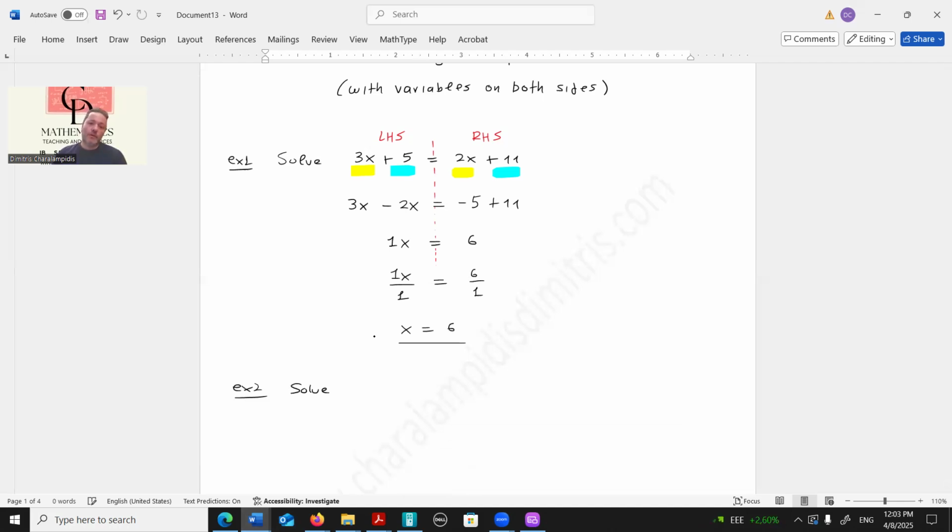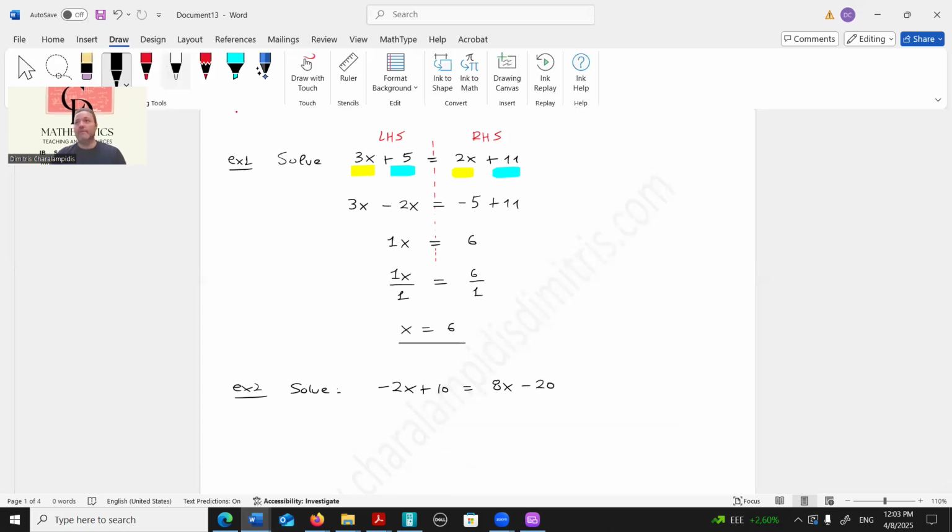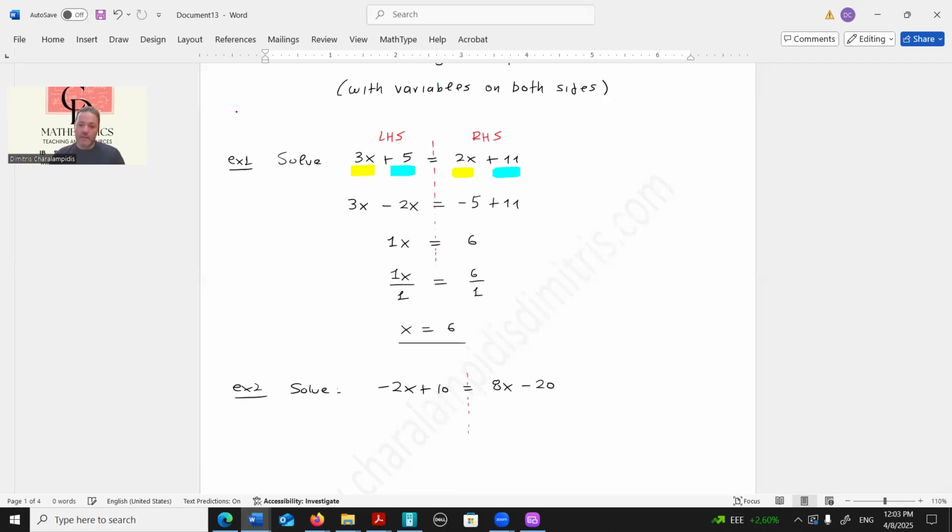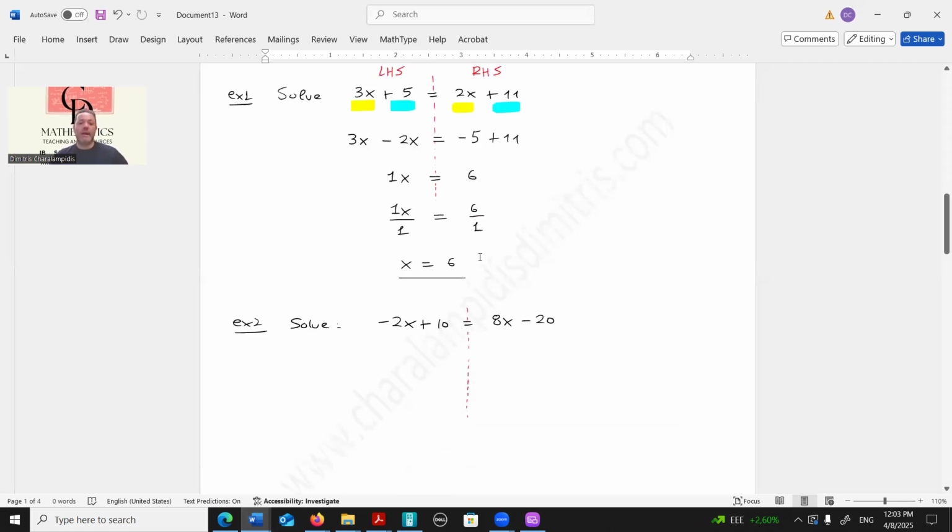Solve minus 2x plus 10 equals 8x minus 20. Once again, I'll begin by visualizing an imaginary line that can be seen as a boundary between the left and the right side.